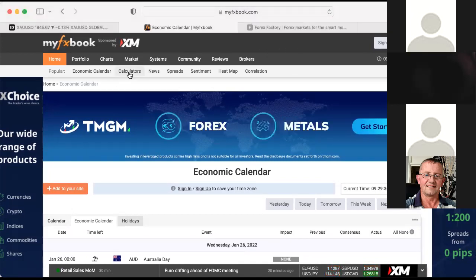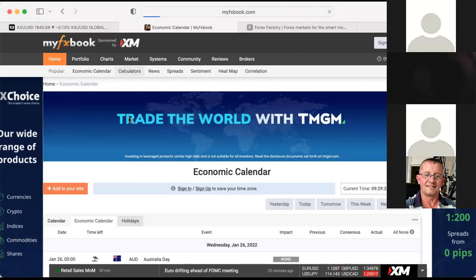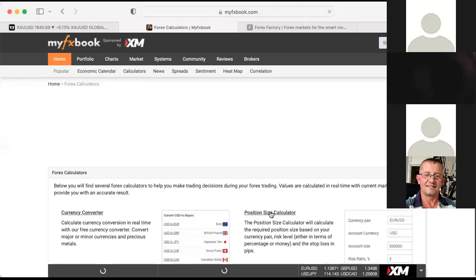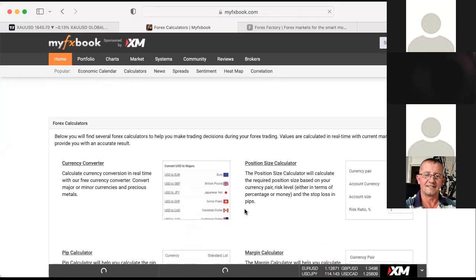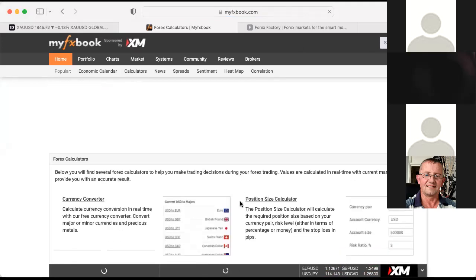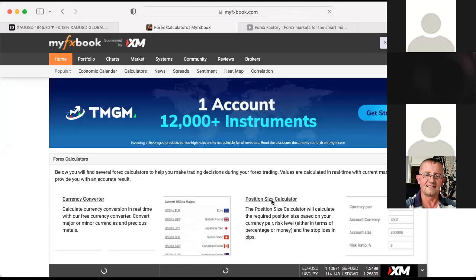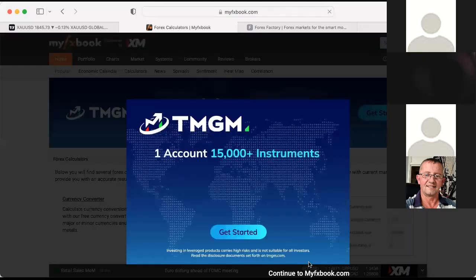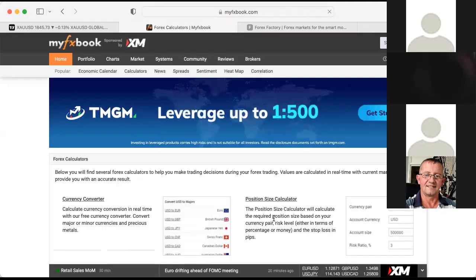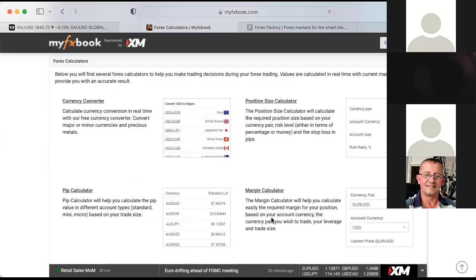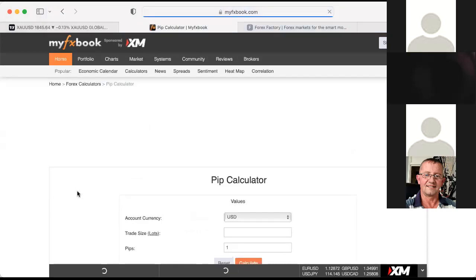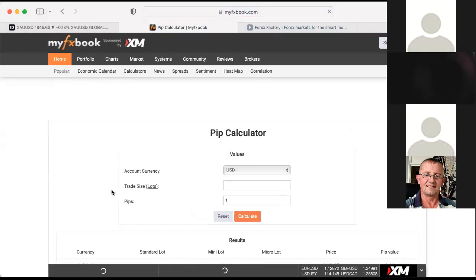If you go to my FX book and you click on calculate, it's not letting me do it. Ah, there we go. You'll have seen the position size calculator that I've used in the past on these sessions. If you go past that and you get to this one here, pip calculator, click on pip calculator.